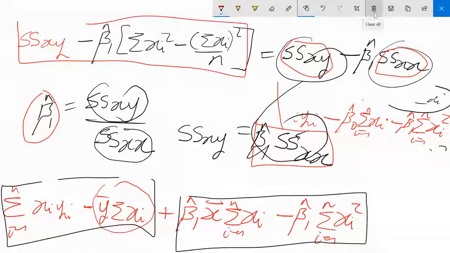We are left with number 4. And number 4 is saying the summation of yi hat multiplied by ei, sorry, it's yi hat ei, is equal to 0. This is the last property. So that's what we're getting from that property.